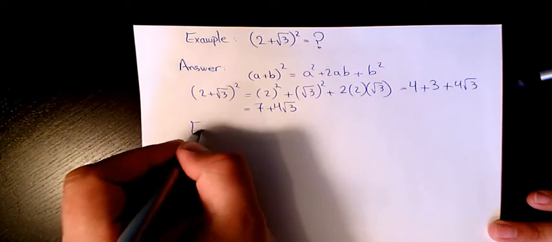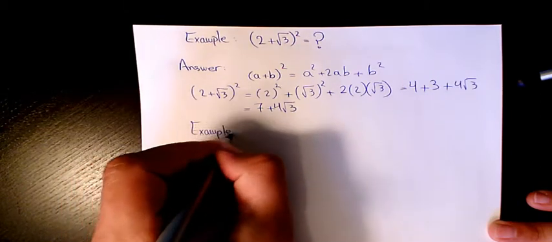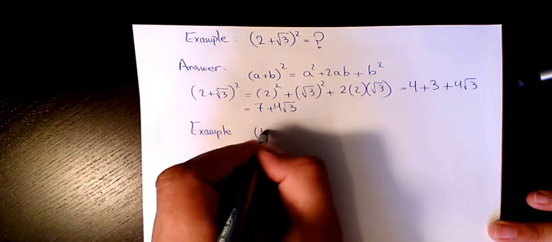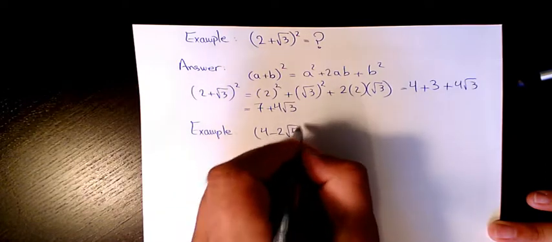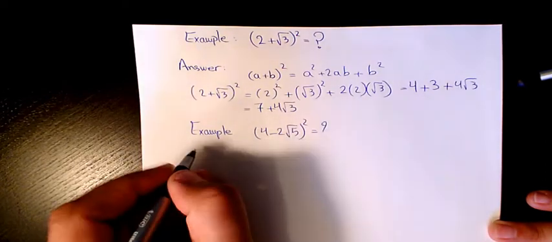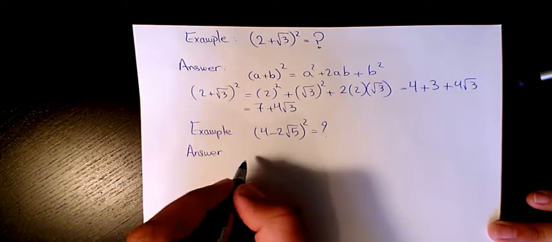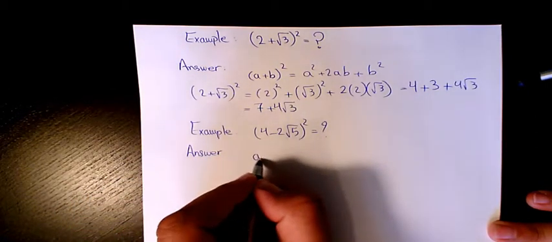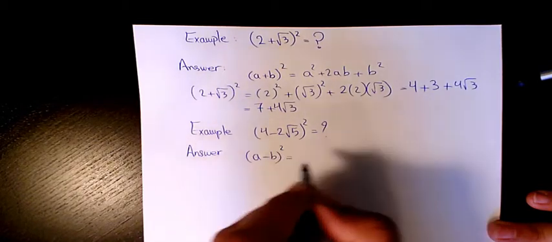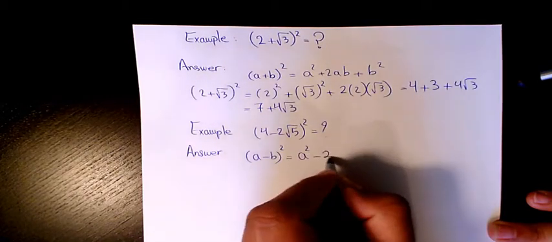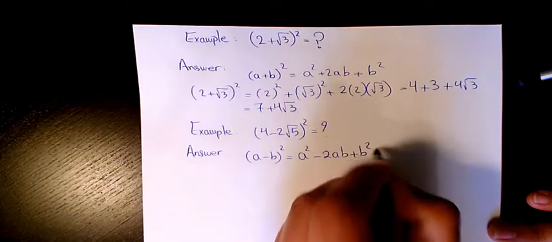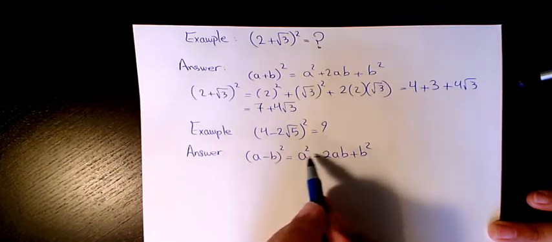Next example is (4 - 2√5)^2. The answer is, again, (a - b)^2, which is going to be a^2 - 2ab + b^2, or a^2 + b^2 - 2ab.